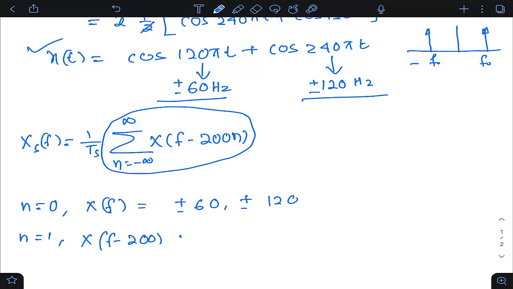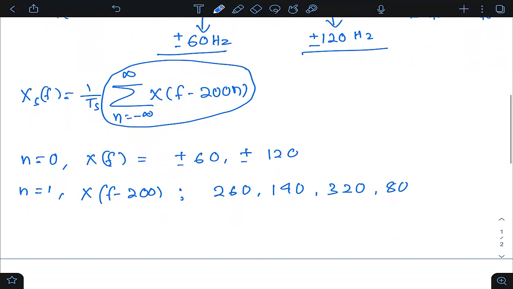So what frequencies will you have here? If you want to get x of f minus 200, you have to add 200 everywhere. So 200 plus 60, you get 260. 200 minus 60, you get 140. 200 plus 120, you get 320. 200 minus 120, you get 80. I hope my calculations are correct.